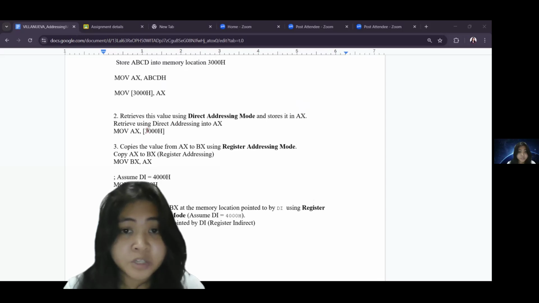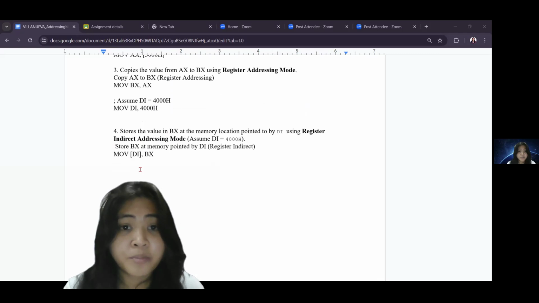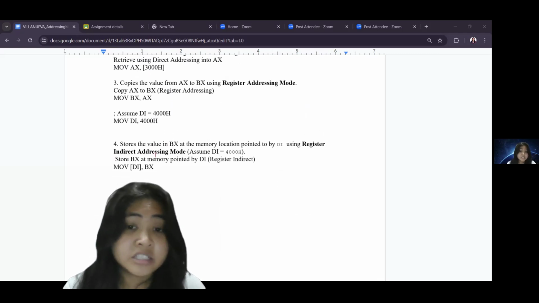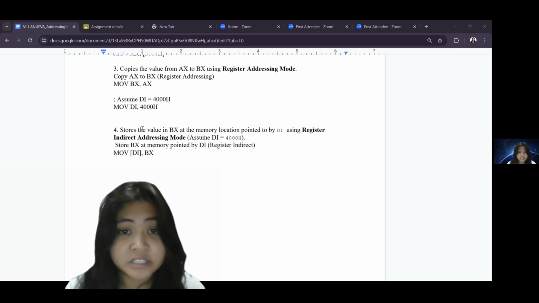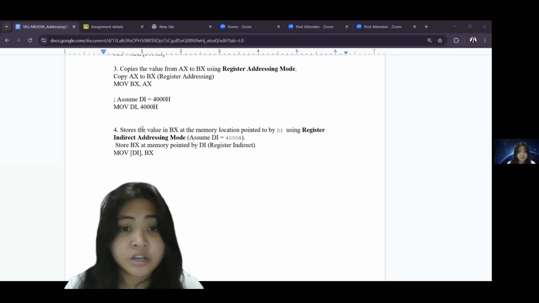Step 4, store BX at the location pointed by DI. So first, set DI to 4000H. Mov DI, 4000H, then store BX at location. Mov bracket DI, comma, BX. That's register indirect addressing. And that's the complete program. It demonstrates 4 different addressing modes working together.